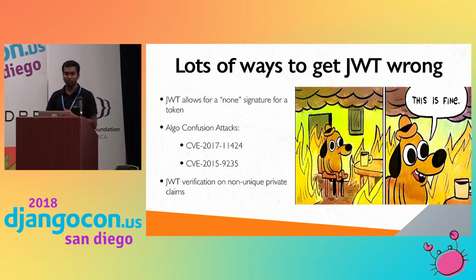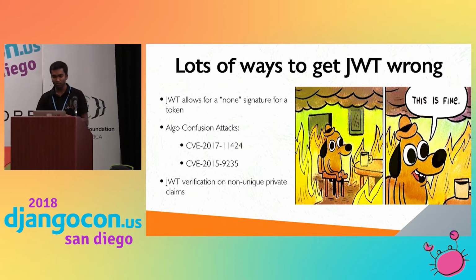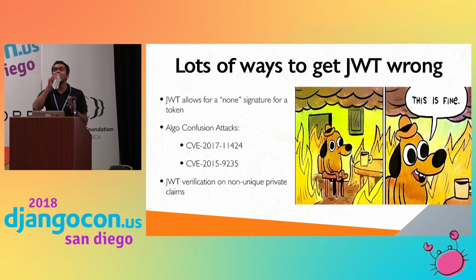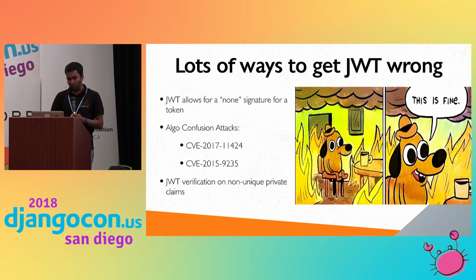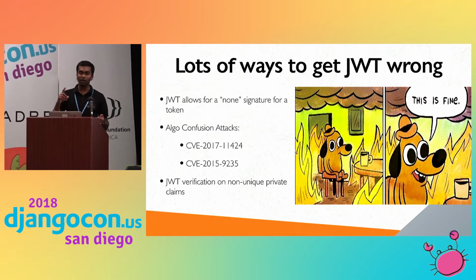The next one is algorithm confusion. JWT allows two types of algorithm: one is HS256, another one is RSA.